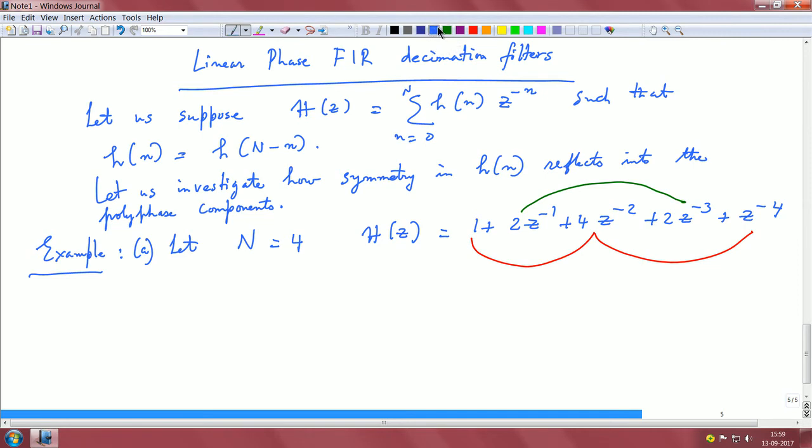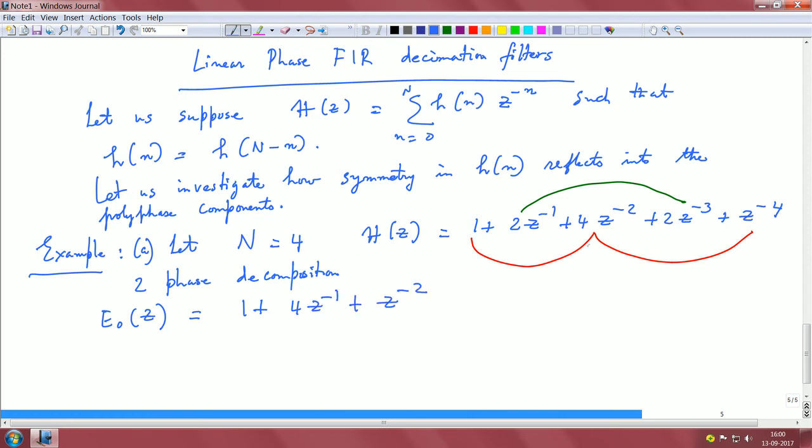For L equals 2, let us take two phase decomposition. So M here, M equals 2 in this case. Now I have E naught of z is 1 plus 4 z power minus 1 plus z power minus 2.